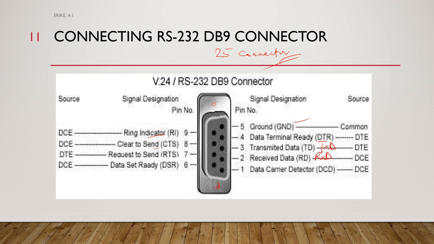Alright? So the data carrier detect, which is the DCE's first port or pin, is used by the DCE to indicate to the DTE that a good signal is being received. Okay, so that is how the functions and pins relate to each other.